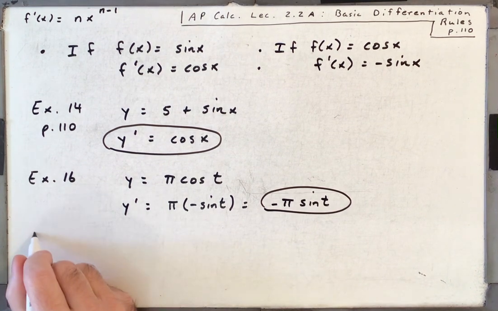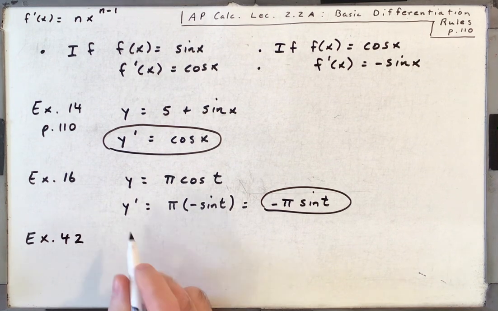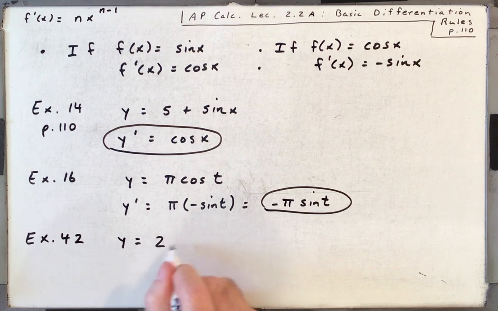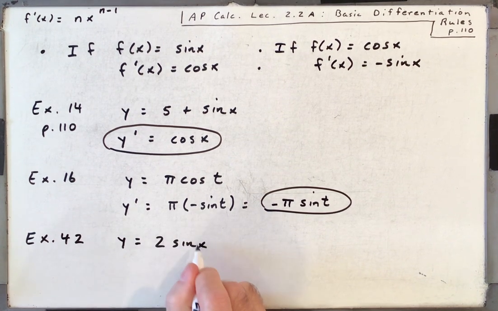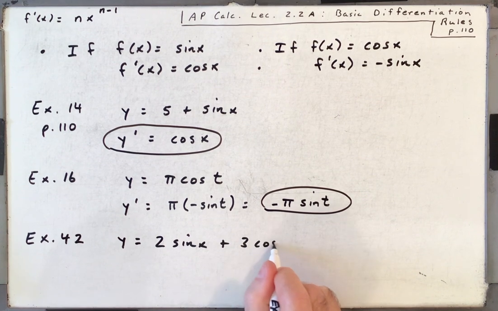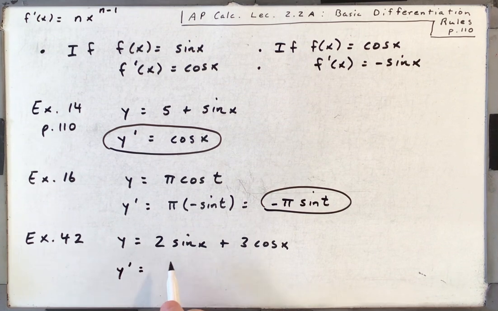And our last example of this lesson is 42. So we have y is equal to 2 sine x plus 3 cosine x. So y prime is going to be 2 times the derivative of sine.